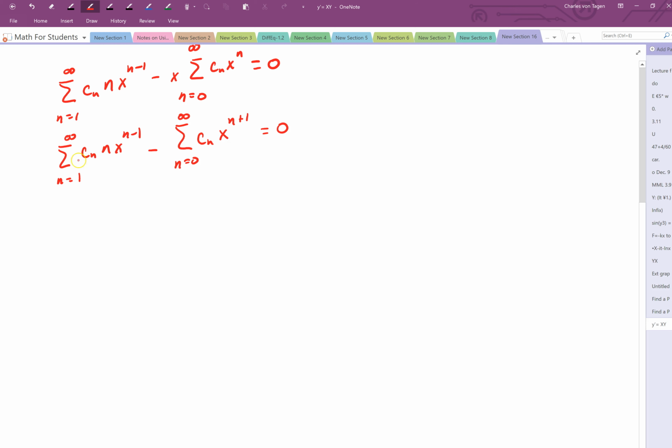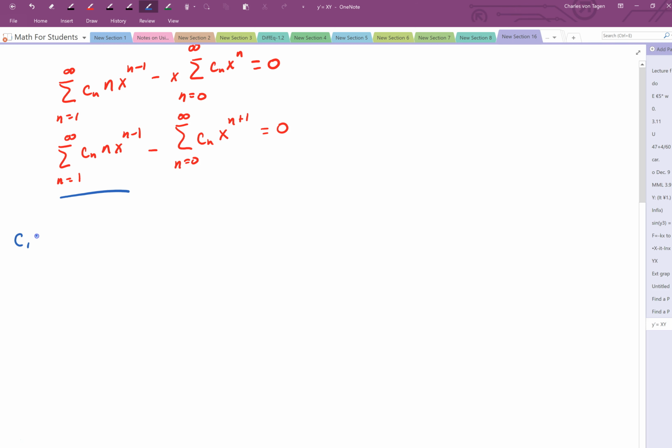So what I'd like to do is go ahead and pull off the first term of this series. So when n is equal to 1, we've got c1 times x to the 1 minus 1 plus all of the other terms in this first series. Let me actually do this in blue just so we can make sure we see. So I'm going to rewrite this as the first term plus the remainder terms.